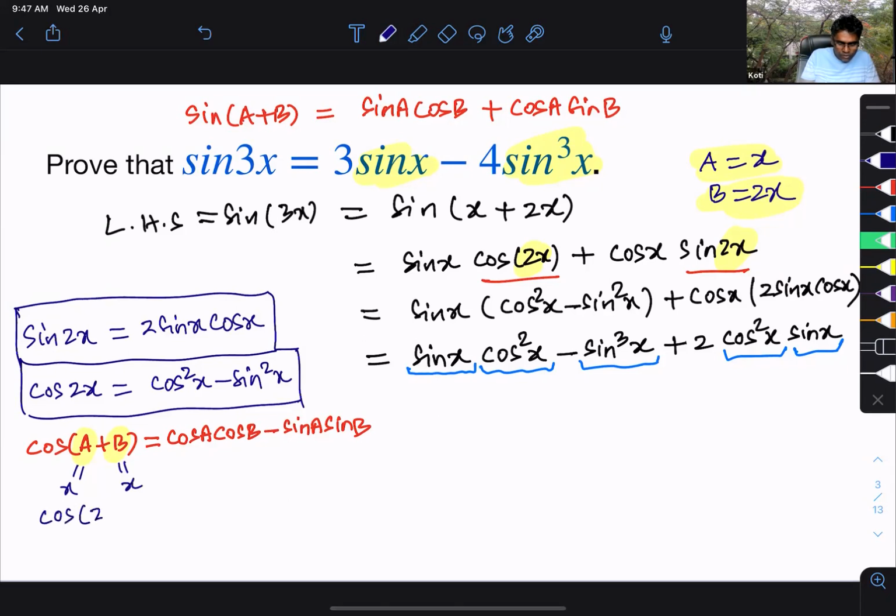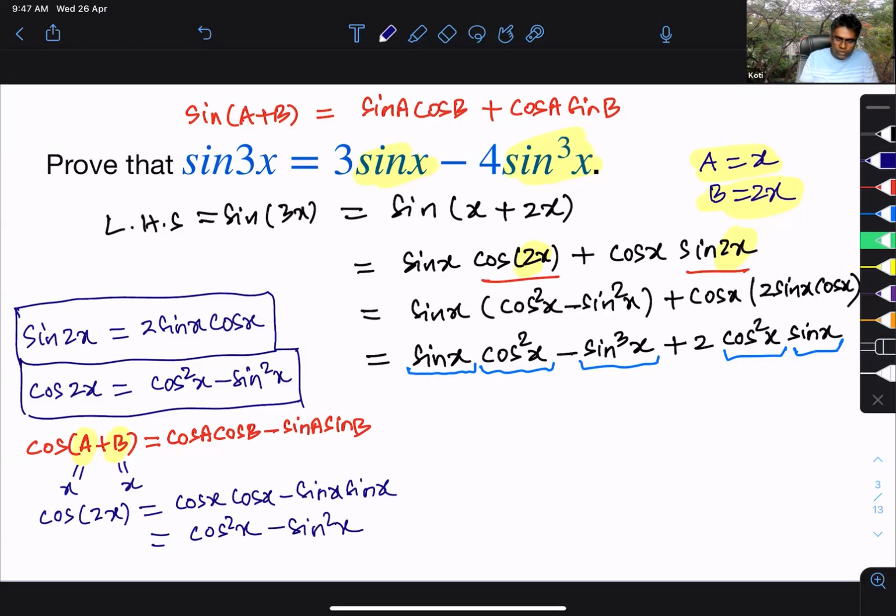You have cos of 2x. And on the right, a is x, b is x, so you have cos x multiplied by cos x minus sin x multiplied by sin x. What will this give you? cos x into cos x will be cos square x. sin x into sin x is sin square x, so minus sin square x. So this is how you get this identity.